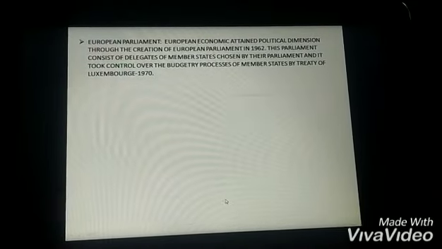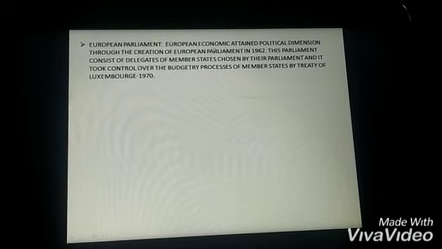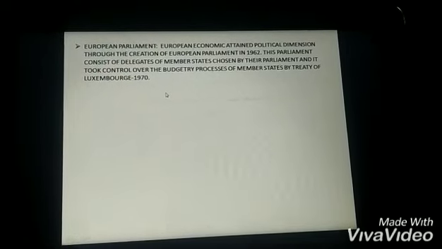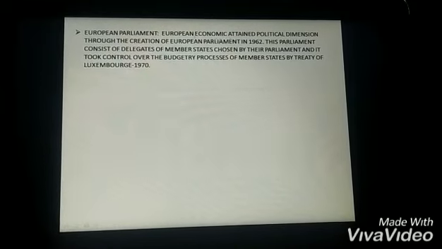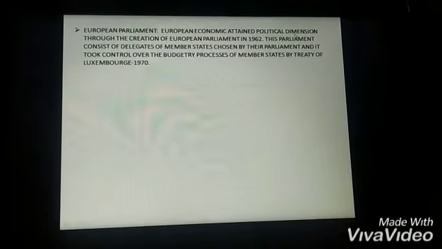Okay, the next one is the European Parliament. Under the European Economic Community, the first one we have just completed, it was just for economic purposes, but it attained a political dimension.